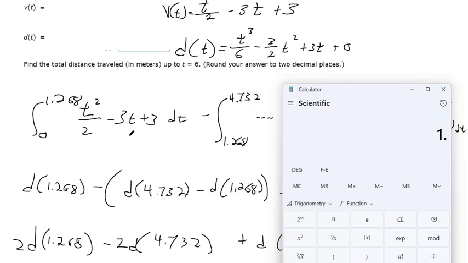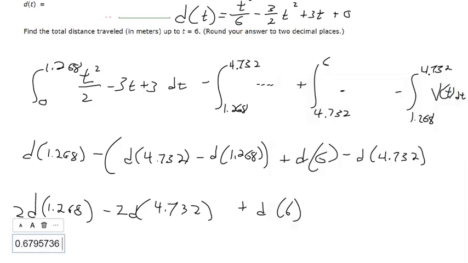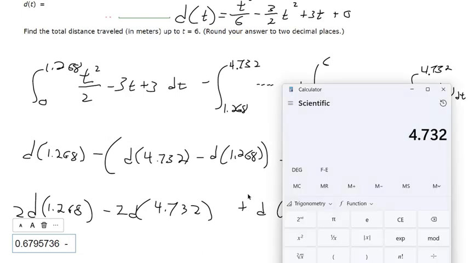So 1.268 to the third power divided by 6. Here's what I got. Oh, and then we need to multiply by 2. So here's what I got for the first one. Oh, this next one's going to be subtraction. So 4.732, need to cube that, divide by 6.